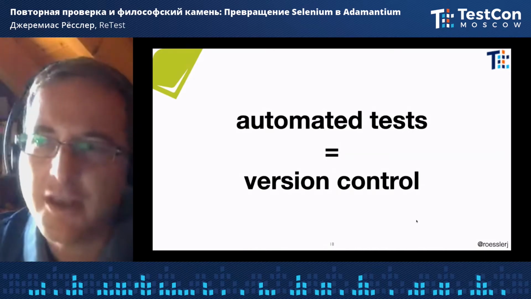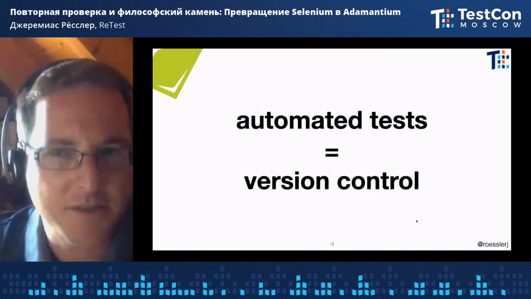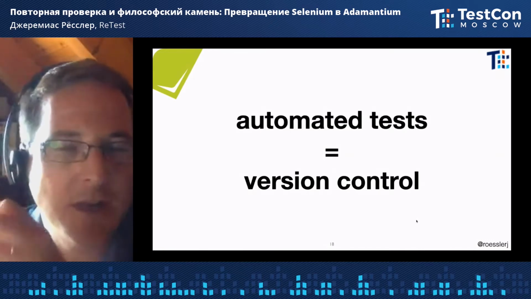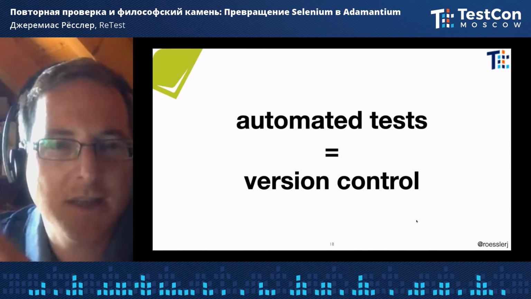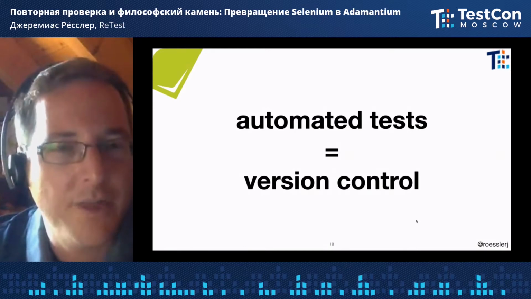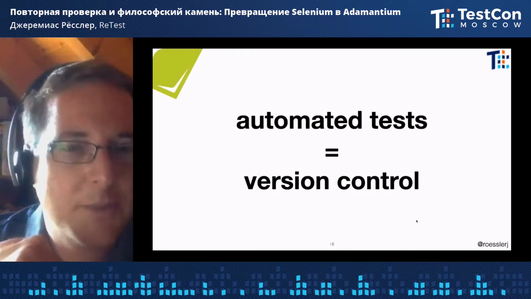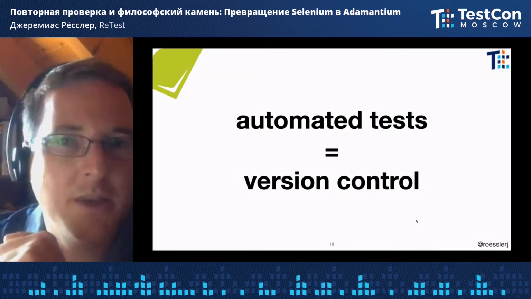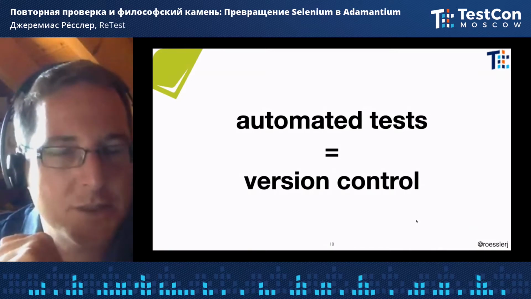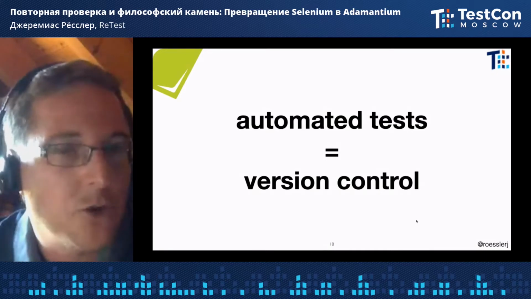So if you think about it from a version control perspective, then if you write an assertion about something, about anything really, then it's like writing that you want to be notified if that has changed. So if you think about our example here with the success message, it could very well be that we want to change the success message, that at some point we want to say, hello, Simon, or hello, username.